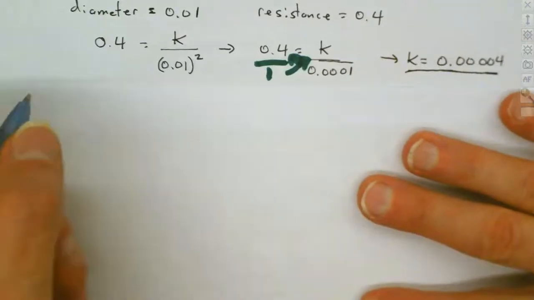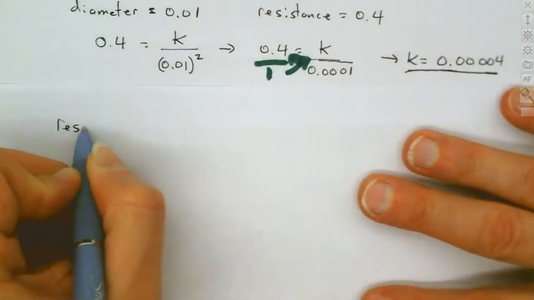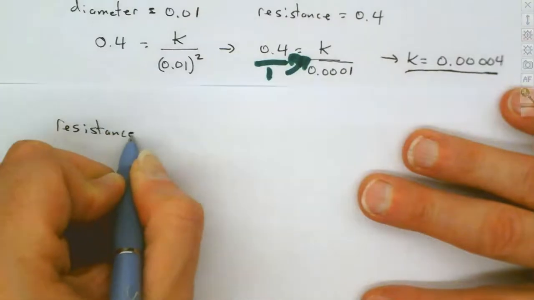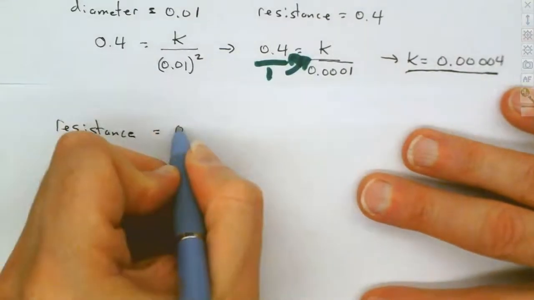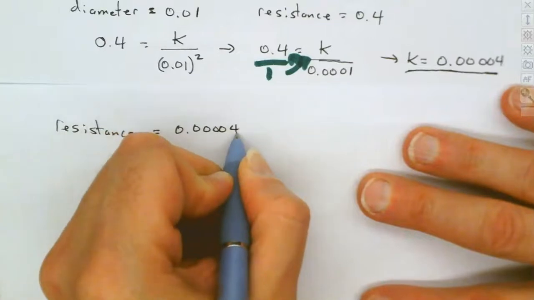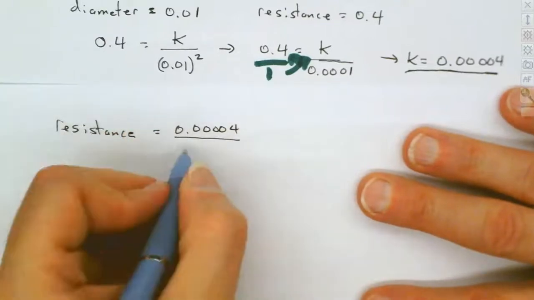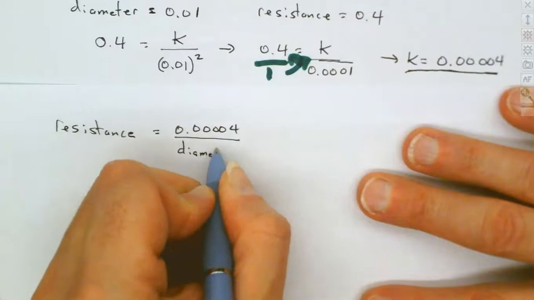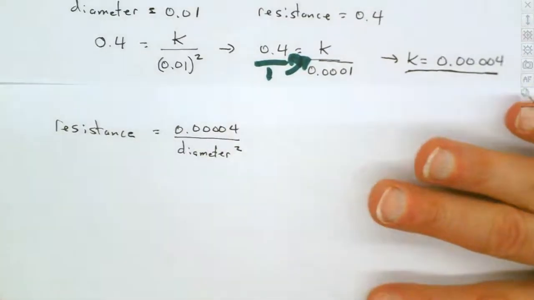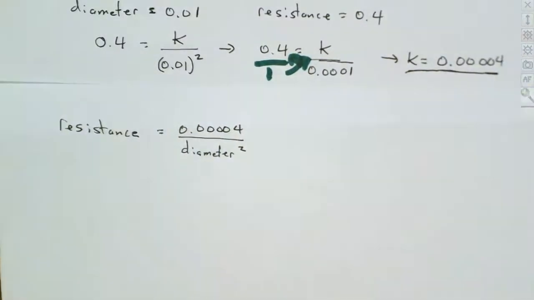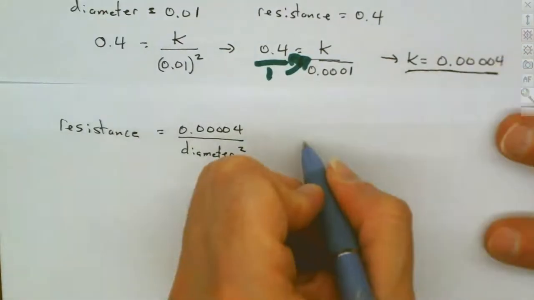So we have our K. So now we have our resistance, and that's going to equal 0.00004 over the diameter squared. That's our new formula. And we want to change that diameter. So we want to change the diameter to be 0.03. So that's going to be our new diameter.